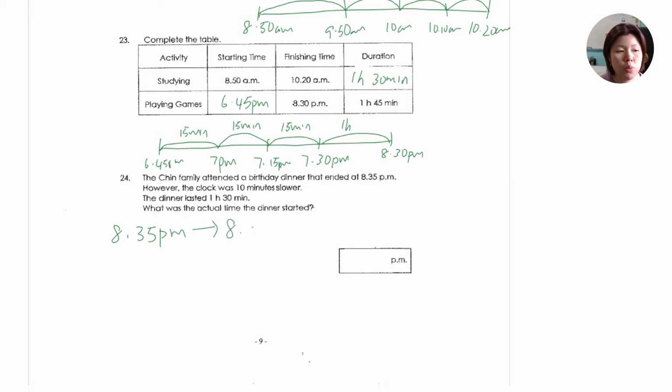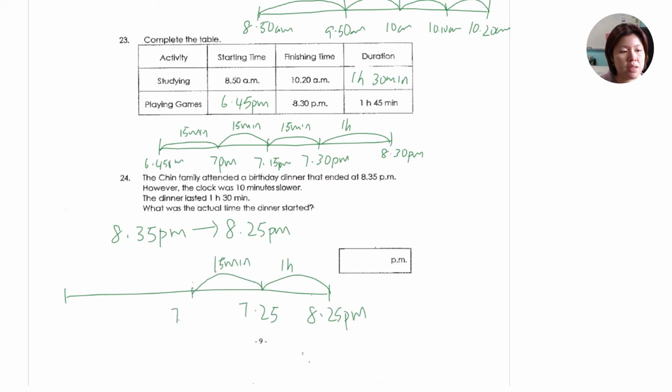So the actual time should be 8:25 p.m. Okay, so we will start from 8:25 p.m. and then I move 1 hour back is 7:25 and I move 15 minutes is 7:10 p.m.